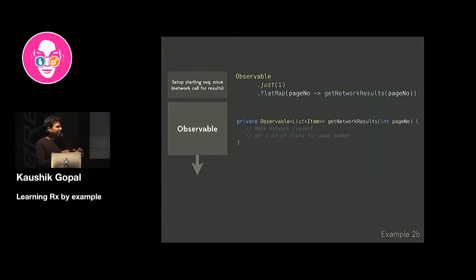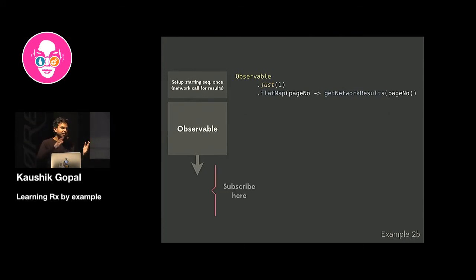Obviously it's pseudocode here, it doesn't really matter for the purposes of explaining this example, but the method that I have ready here might hit a network observable, or do something else. I would provide the page number and I expect a return type of an observable of a list of items. So this is what that get network results method looks like. I've used flat map, and again, I have my first page of results.